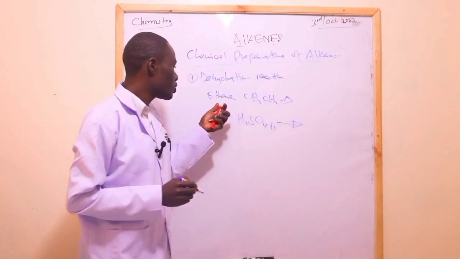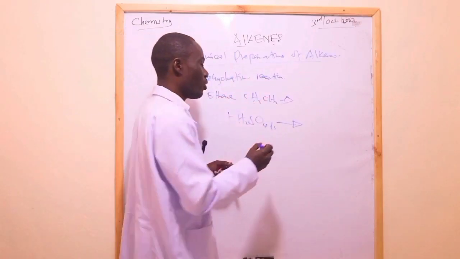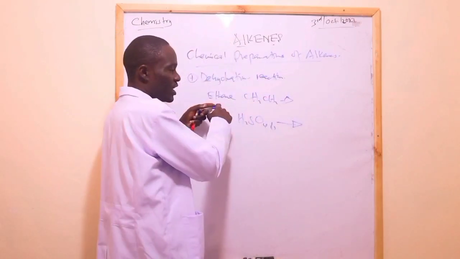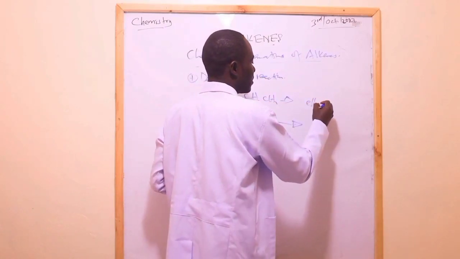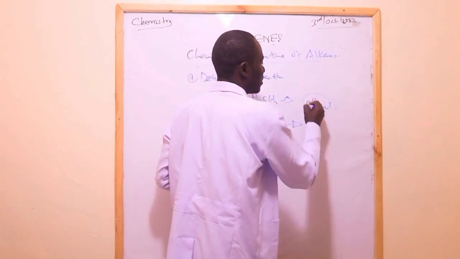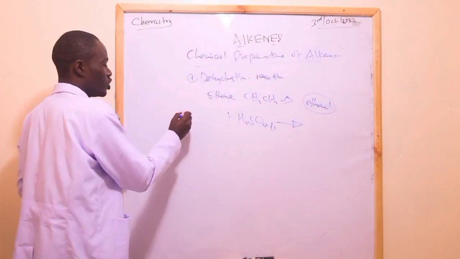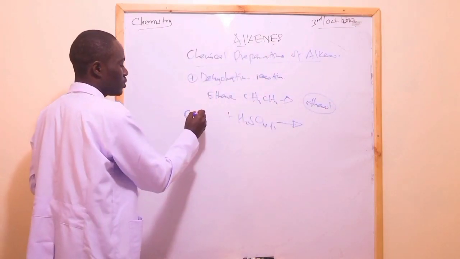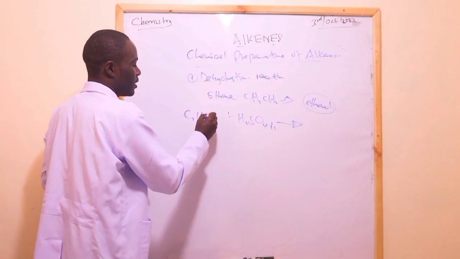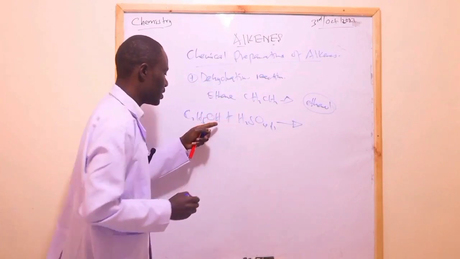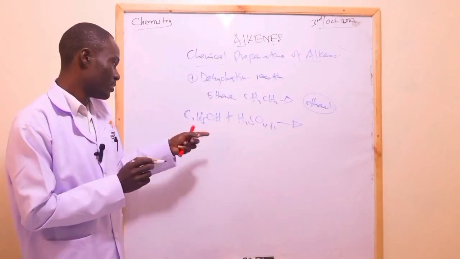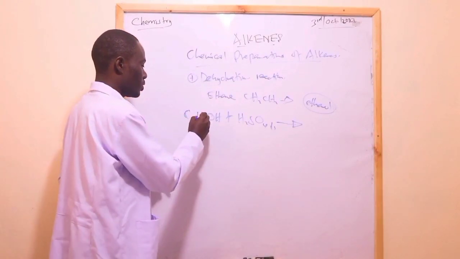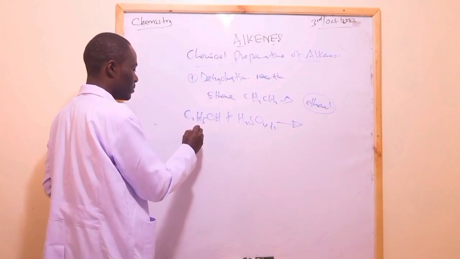When you bubble molecules of ethene into water, you form ethanol. Ethanol is written as C2H5OH, because it is one of those compounds that contain the OH functional group. So this is ethanol.